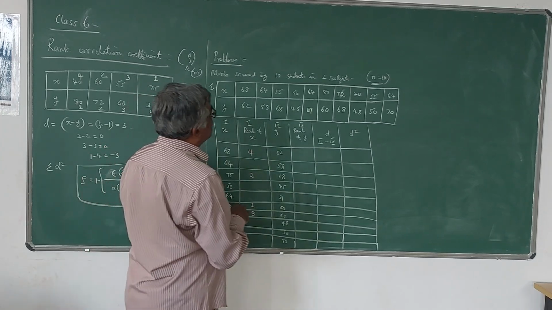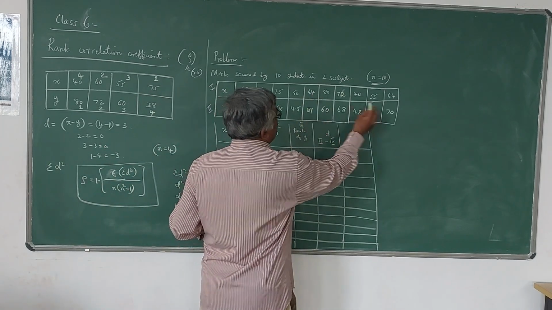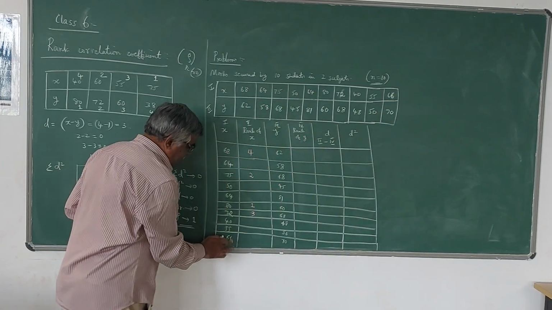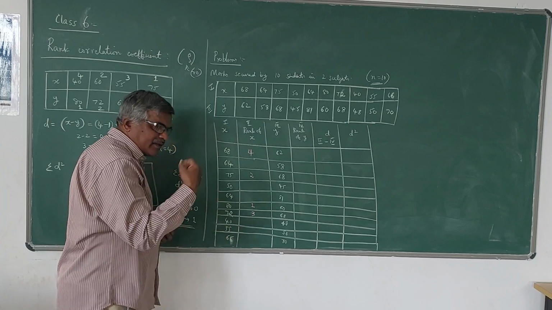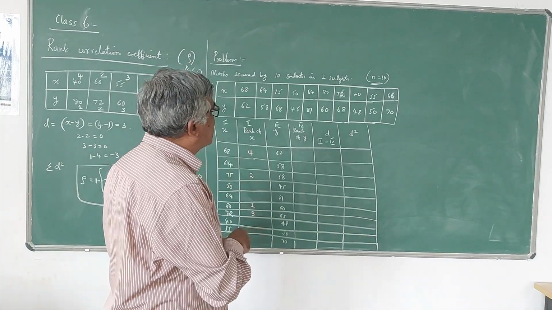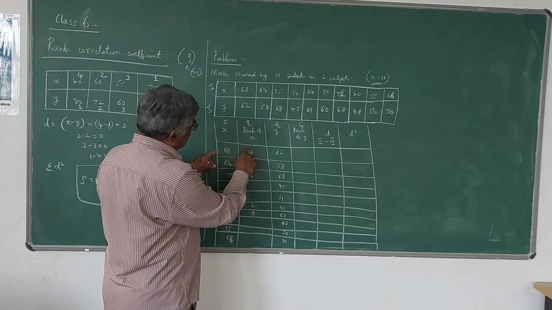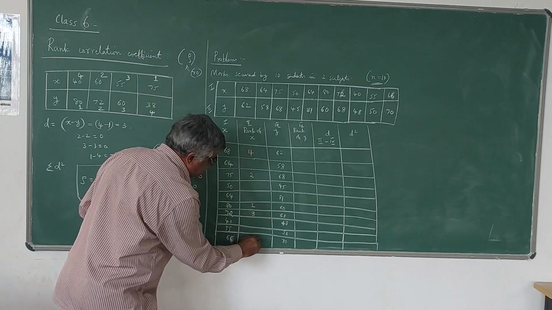Here 64 is also repeated. Let me take this as 66. Actually, when values are repeated, there is another formula. We'll discuss it later. So 66, that is the 5th rank.